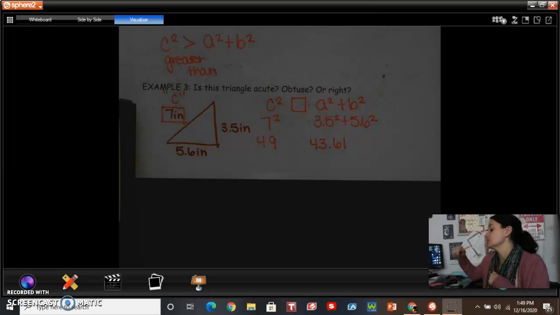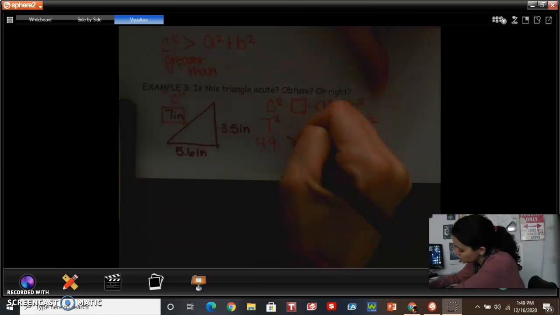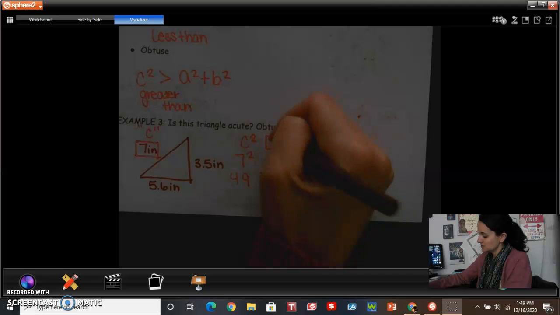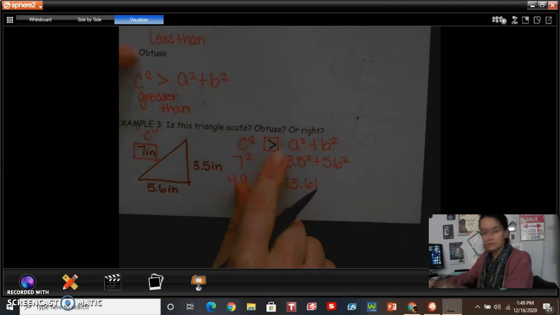So between 49 and 43.61, 49 is the bigger number, so it's the one that's going to get eaten. Then I look up here to see which one of these matches my answer. Greater than, so it's obtuse. So this is an obtuse triangle.